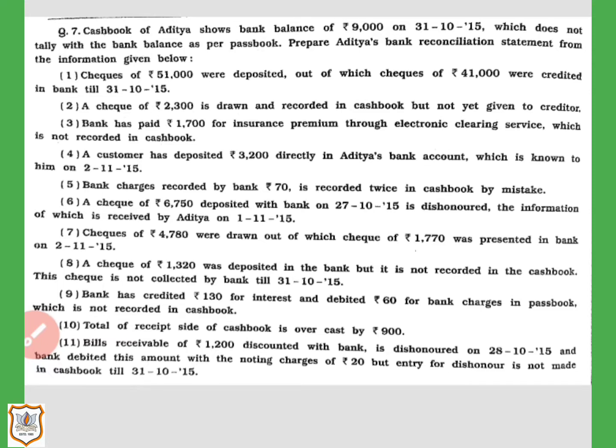Here, check deposited dishonored. This transaction is debited by the bank, but as Aditya was unaware of this information till 1st November 2015, that means he must not have recorded it on the credit side of the cash book in the bank column till 31st October 2015, because of which a difference has arisen in the bank balance as per cash book and as per passbook.